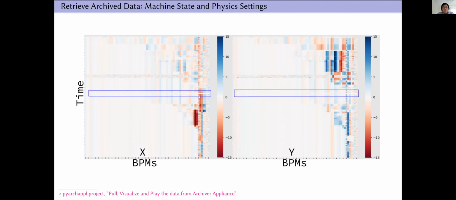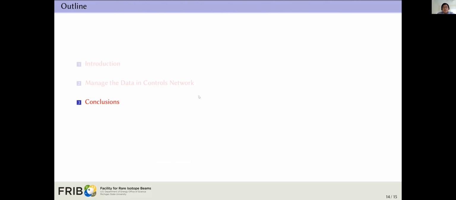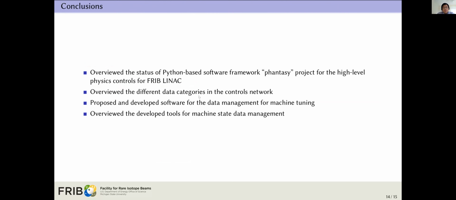All this information we integrate in our application for easy access and use in our commissioning. So the conclusion is that we developed this framework for both the script environment and the GUI application for data management for machine tuning.